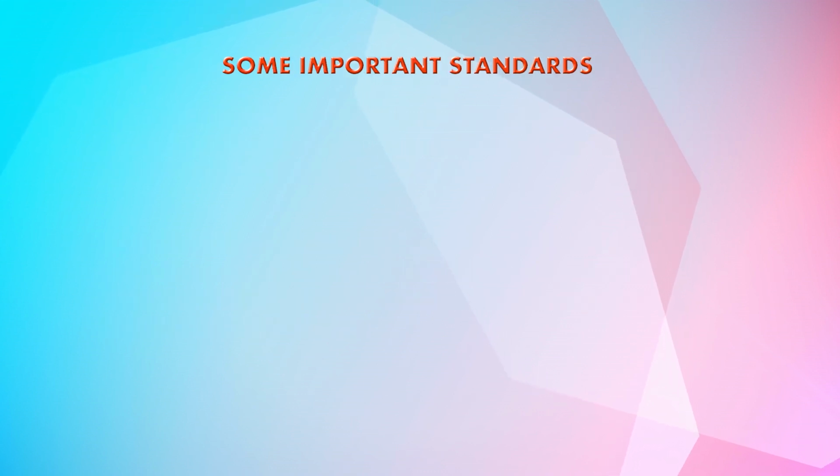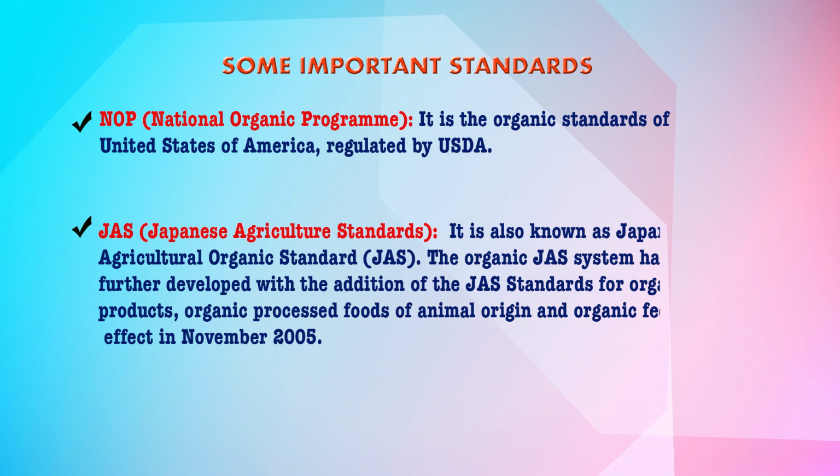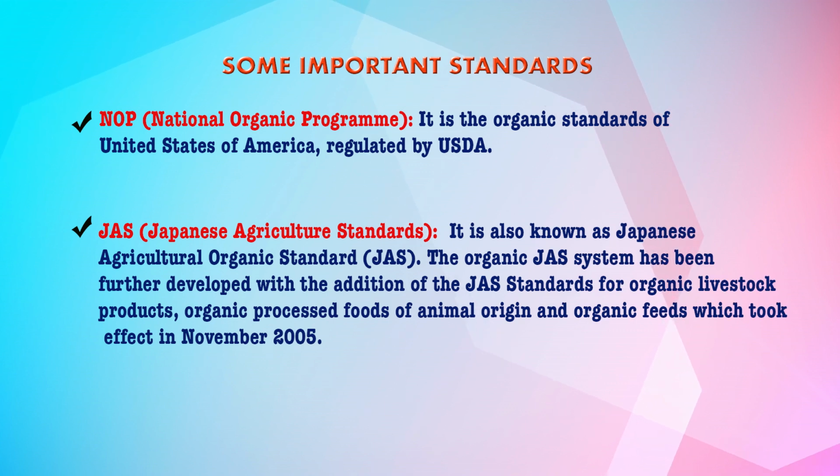Some important standards. Let us now see the NOP, the National Organic Program. It is the organic standard of the United States of America, and it is regulated by the USDA. Then you have the Japanese Agricultural Standard, also known as the Japanese Agricultural Organic Standard.